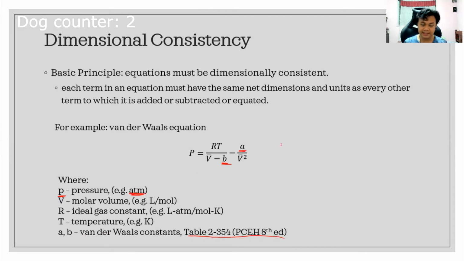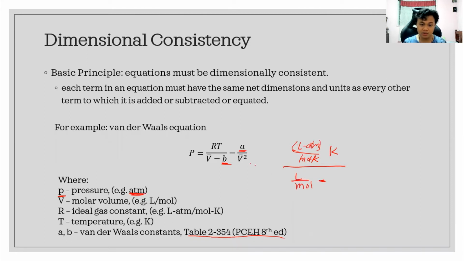Let's see. R, I have given you the units here. The units of R is L atm over mole Kelvin, and the units of our temperature is Kelvin, over our molar volume, which is liters per mole.